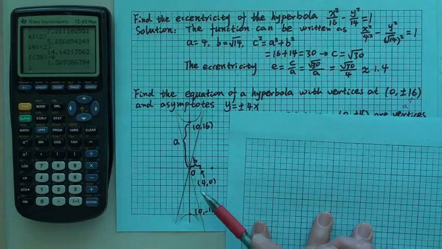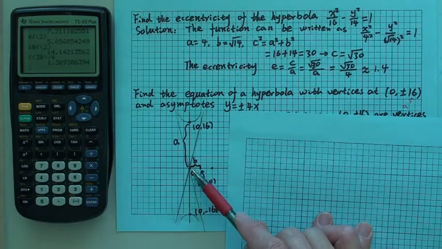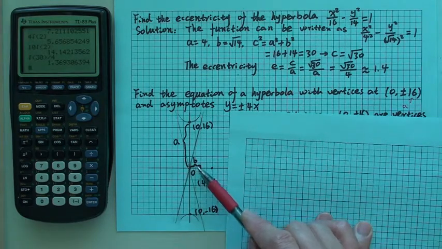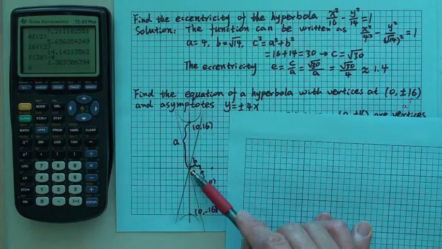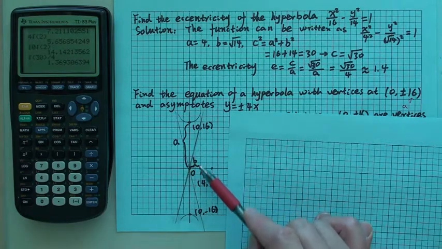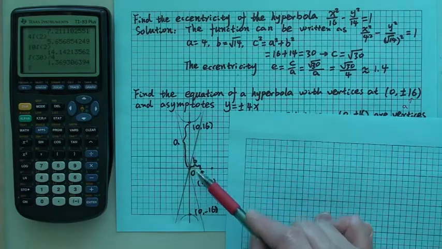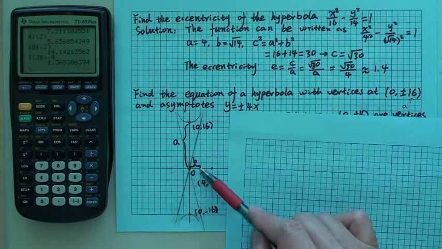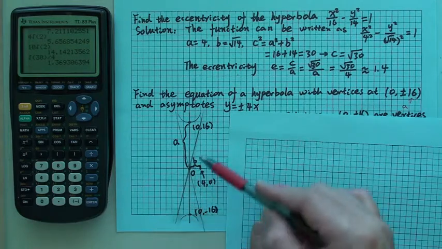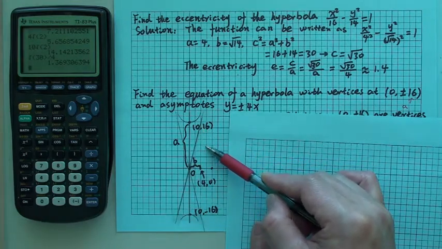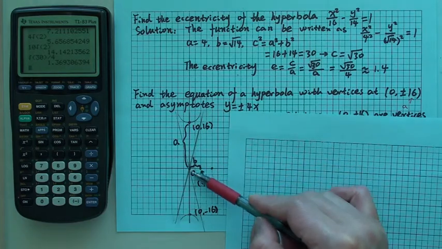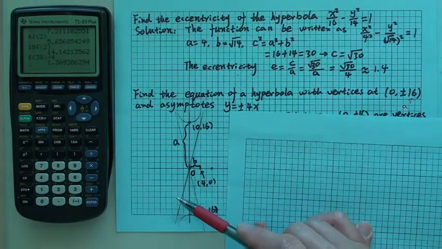And b you can find out, I will show you later, but you know b will be somewhere here. So in this case, rise over run: rise is a, run is b. So it tells us the slope is a over b, not b over a, because a is right here. So rise is a and run is b.